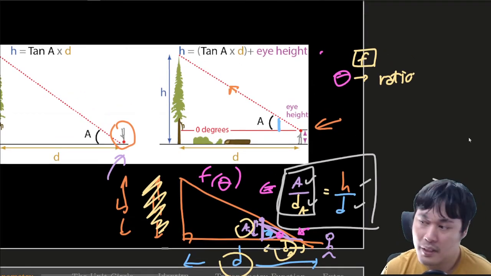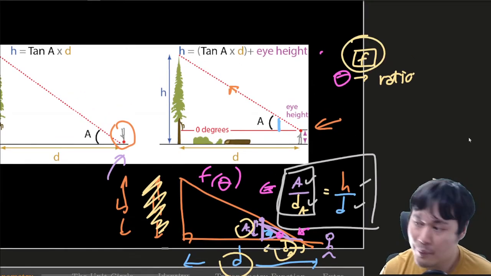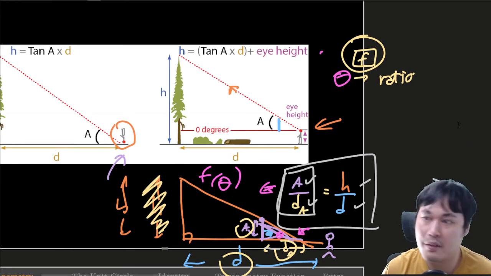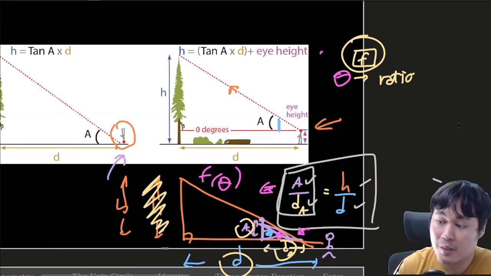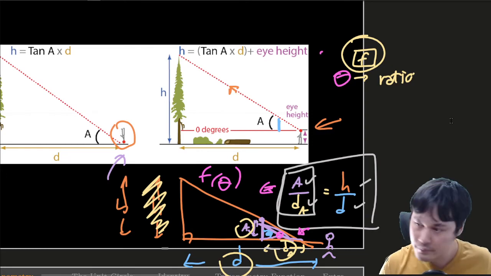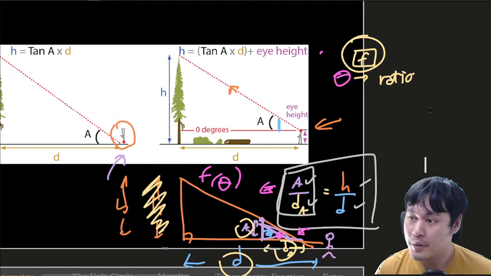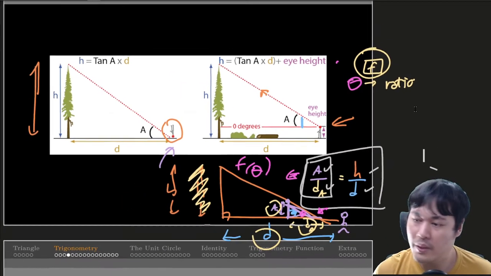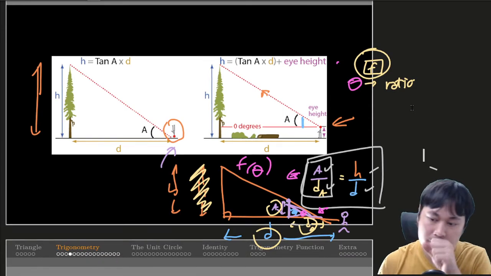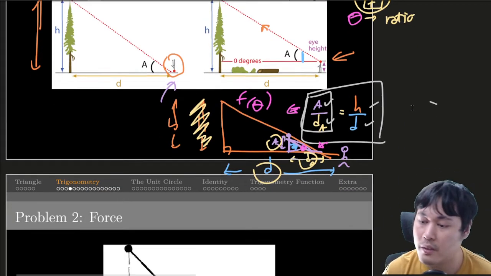And so that's the idea of why we need to define such functions, why we need to define trigonometry functions. That's the first one. And then we will see in a moment how to accomplish these things.